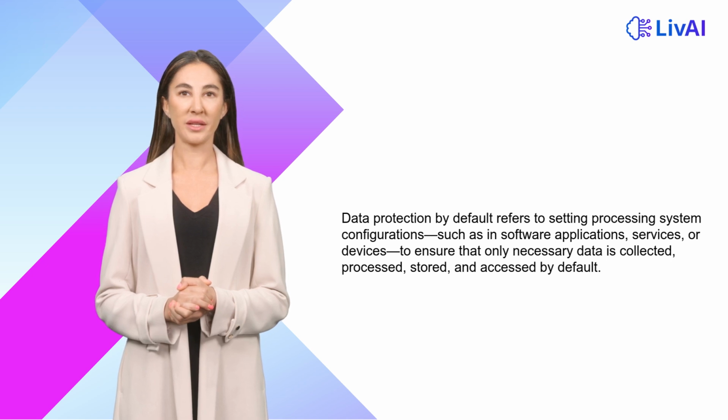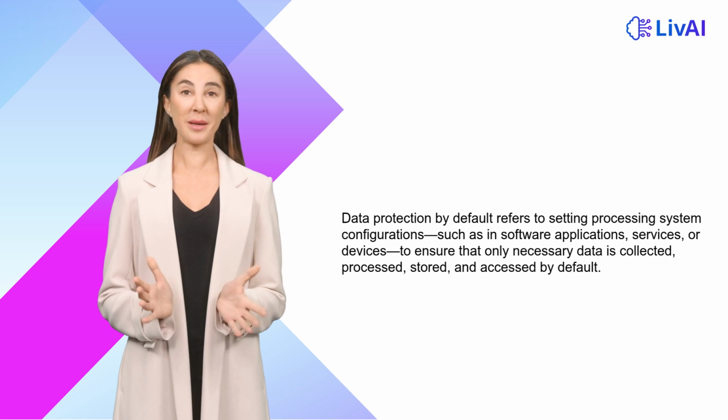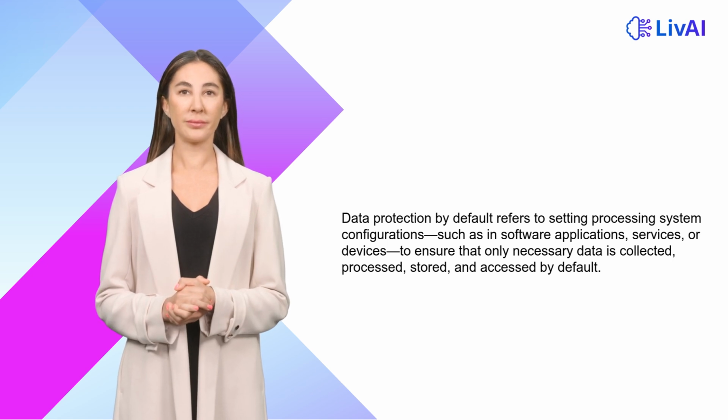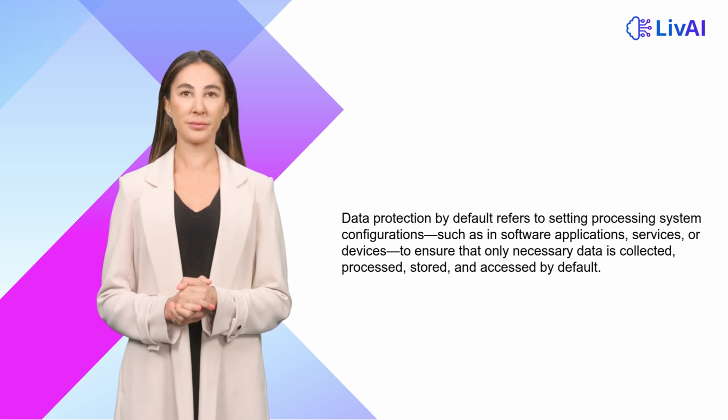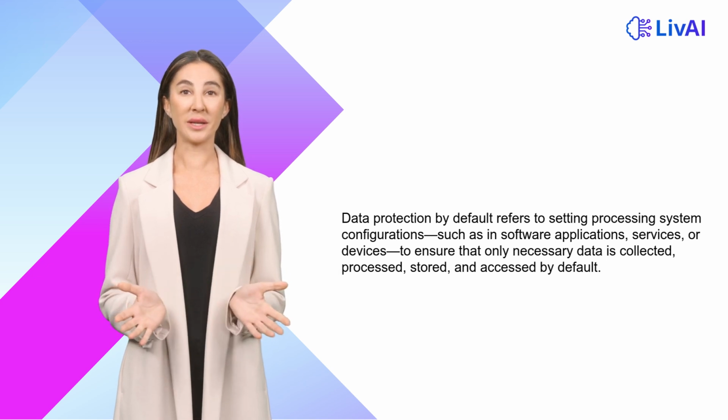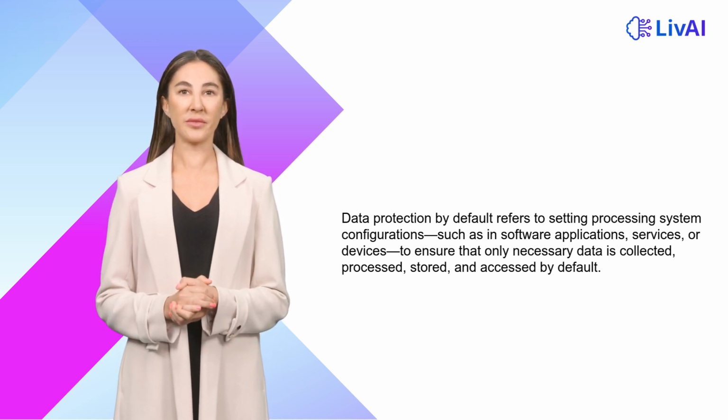Additionally, organizations must prevent personal data from being made public by default. The data protection by default provision extends the principles of data minimization and storage limitation. Article 25(2) specifies that only necessary personal data must be processed by default, and organizations must implement measures to prevent personal data from being made public by default.